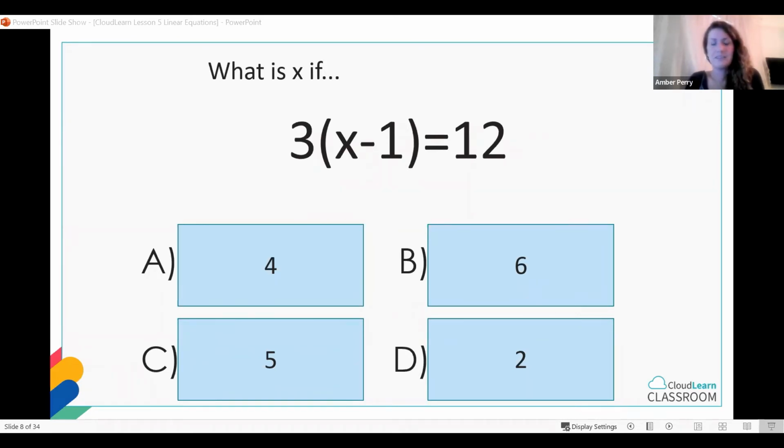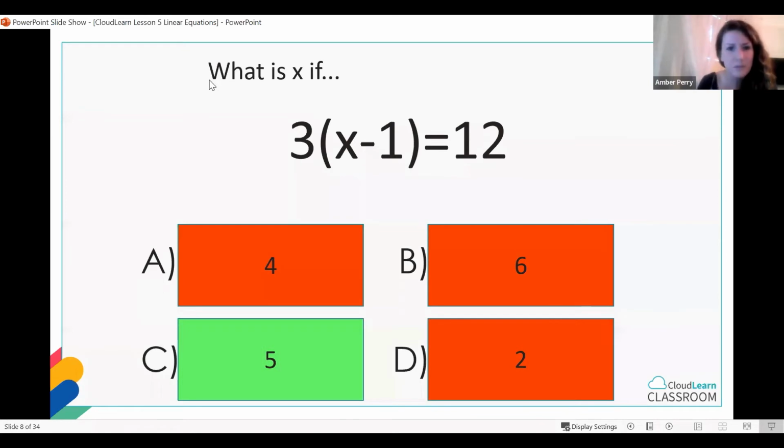So 3 times x minus 1 is equal to 12. Is it A4, B6, C5, or D2? Again, we've got the same thing. We've got 83% people getting it correct. So well done. And our correct answer this time is C5.